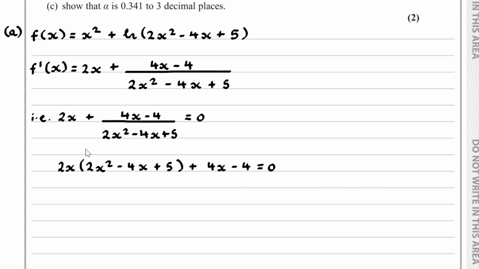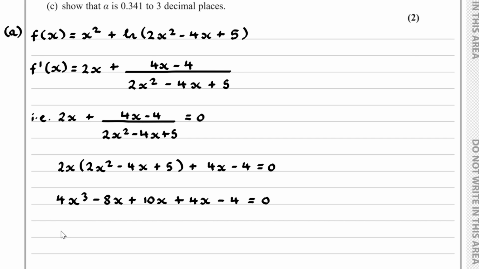If we expand and simplify, 2x times 2x squared, that would be 4x cubed. 2x times minus 4x, that's minus 8x squared. 2x times 5, that's 10x. We add on 4x and then we subtract 4. This is all equal to 0.